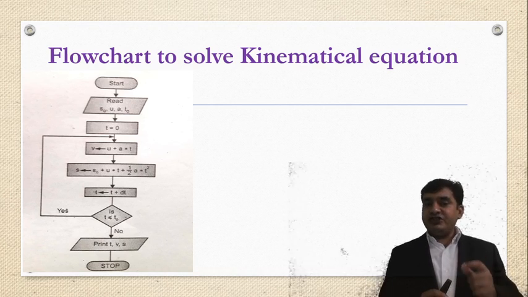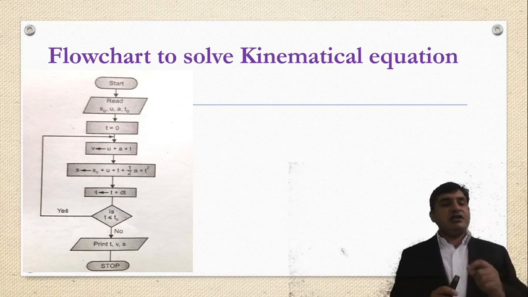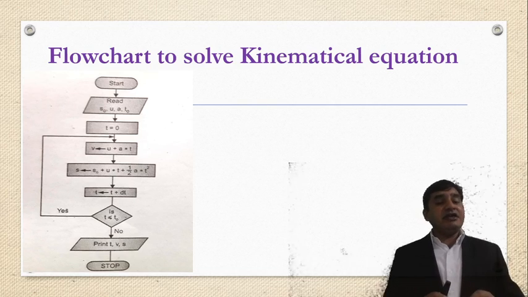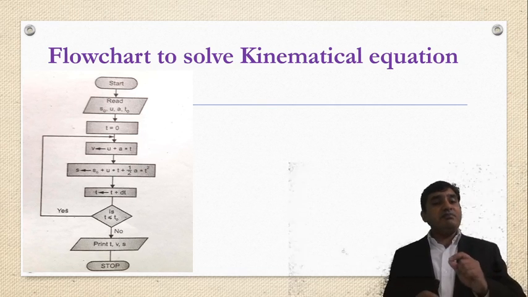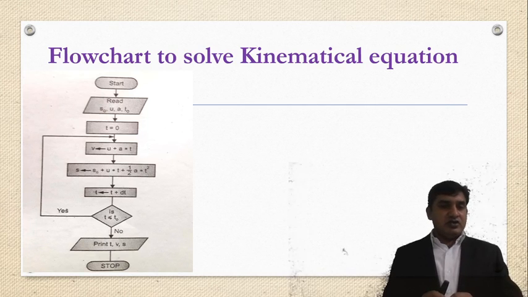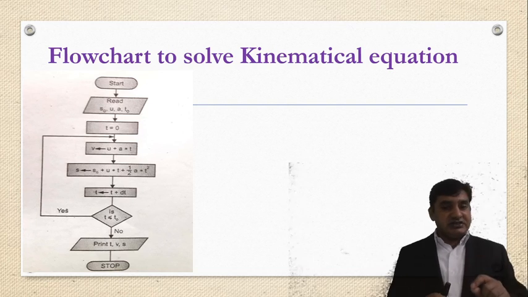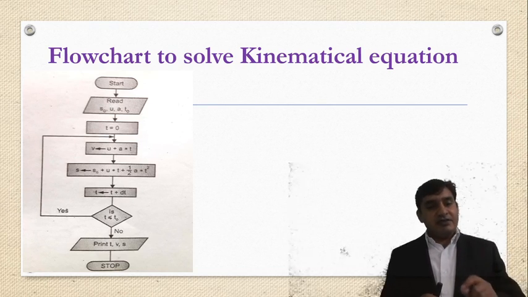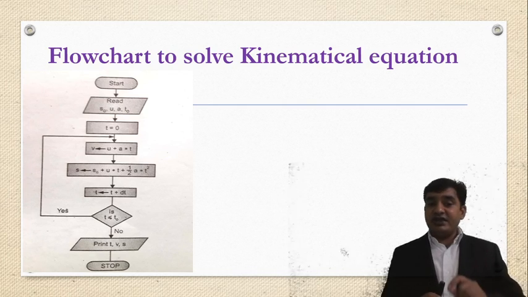Okay, this is final position or final displacement. Now the time is incremented by dt, so t is equal to t plus dt. Okay, now we have to check the condition after incrementation of time: is t less than or equal to t0, that is a final time?